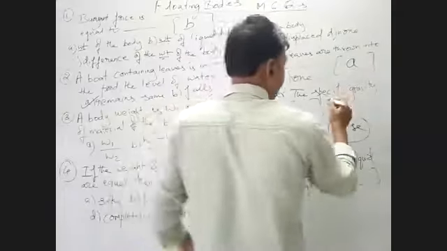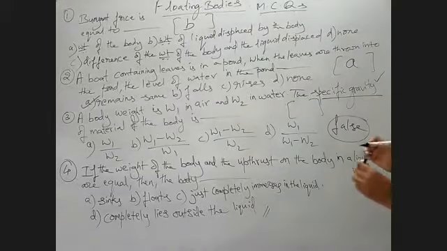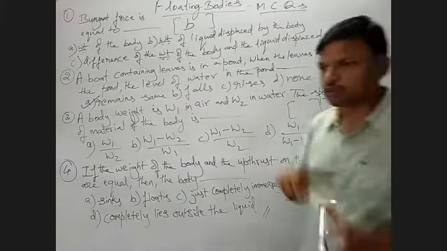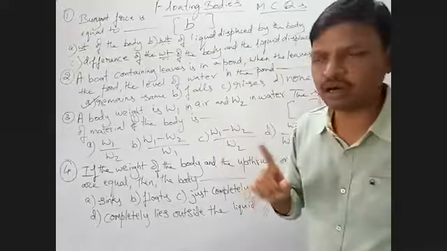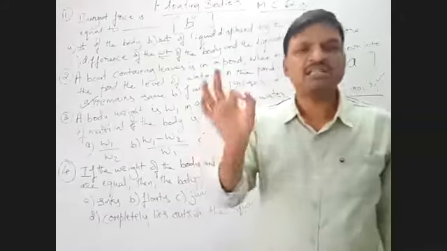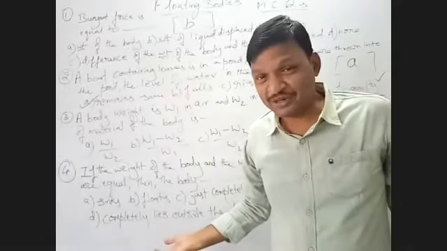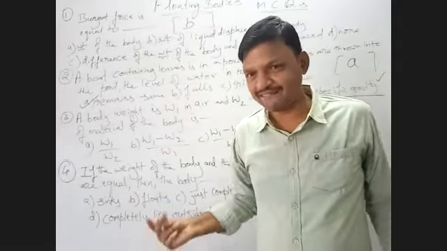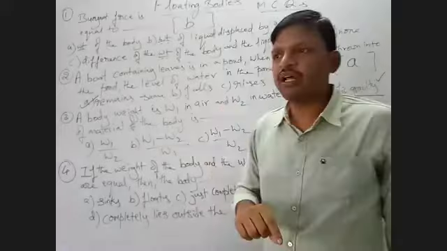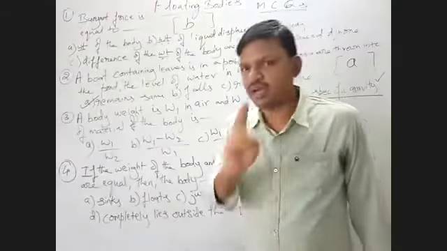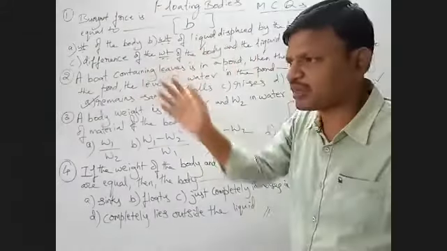Specific gravity, a very nice word. So what is specific gravity? I don't remember whether I told you in the earlier class while explaining. But specific gravity is nothing but relative density. How can we calculate relative density? We have two formulas: density of a substance divided by density of water.